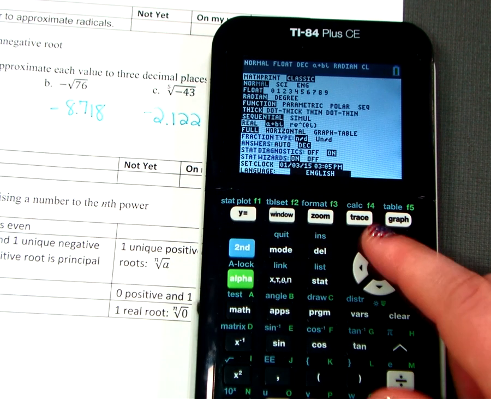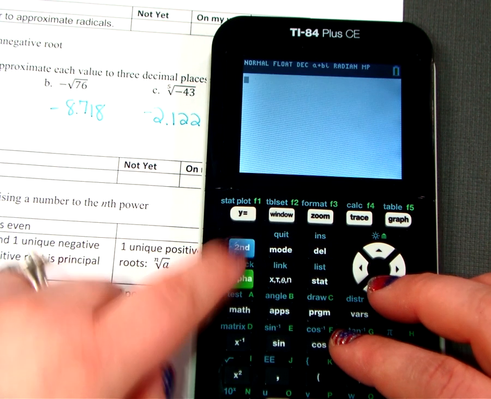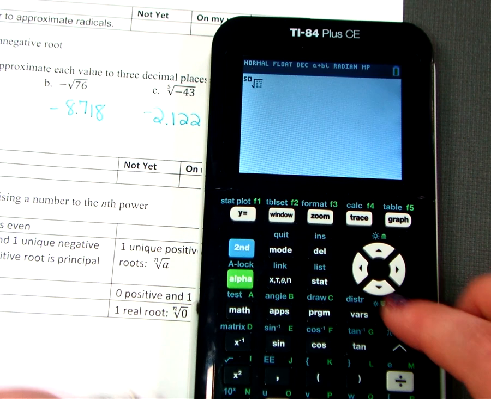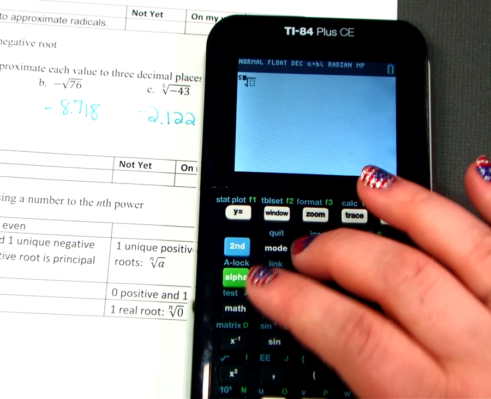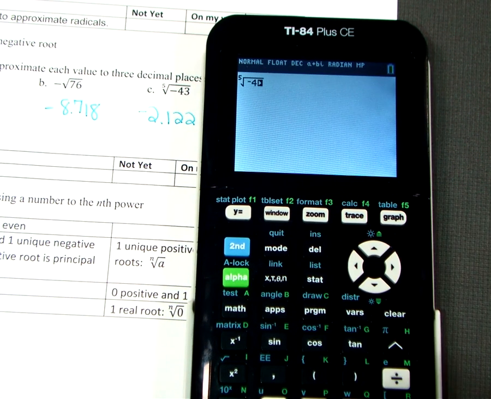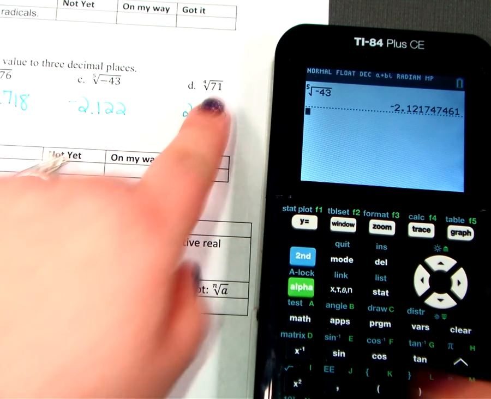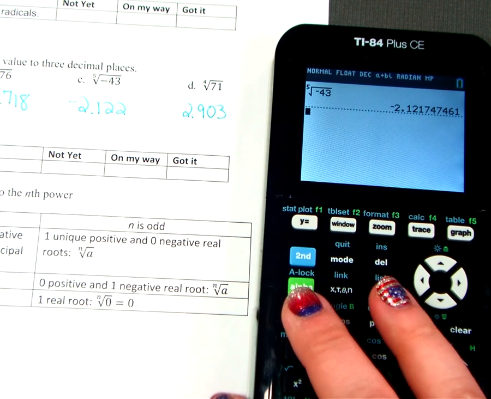We're going to change it back to this because that's what most of your calculators look like. So math option 5, I have the 5th root of negative 43. Negative 43 needs to go inside. Go through that same process for the 4th root. Make sure that you have the same numbers.